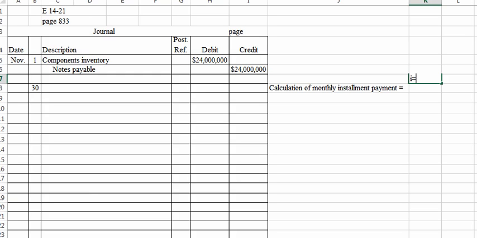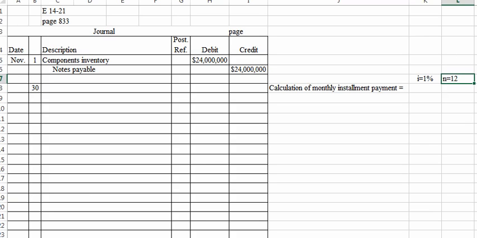Well, it's 12% for a year. They're making a payment every month. So the interest rate per month is 1%. I hope that makes sense. I think it should. And n, which is your number of interest payment periods, would be 12 months in the year, right?